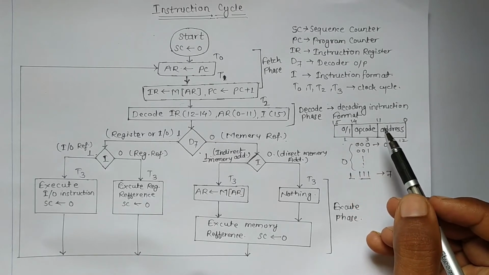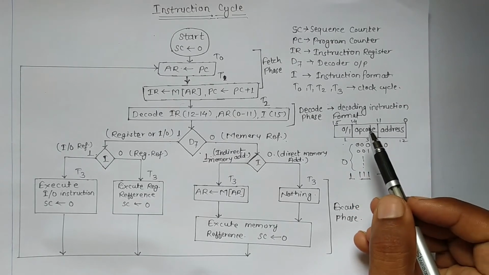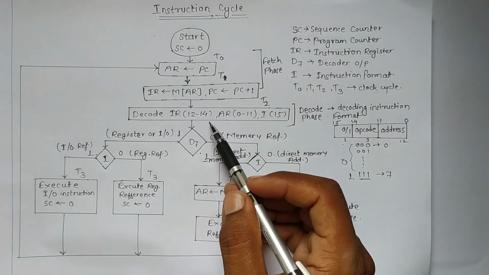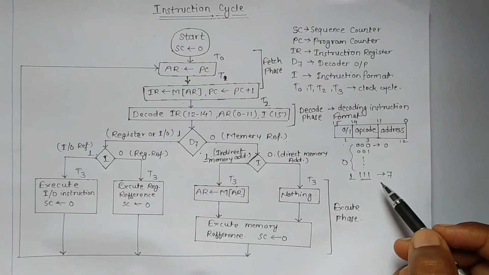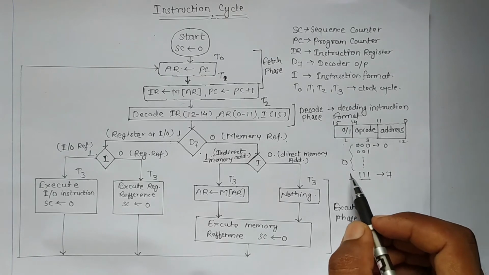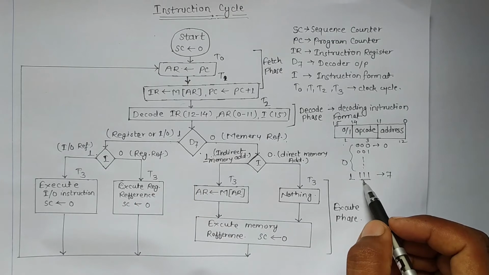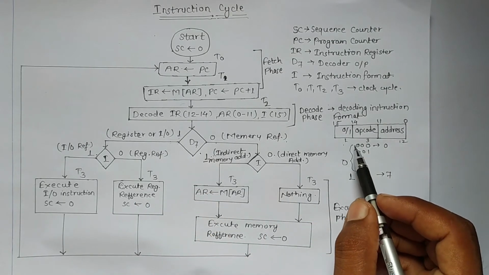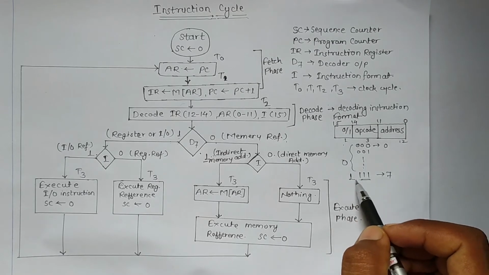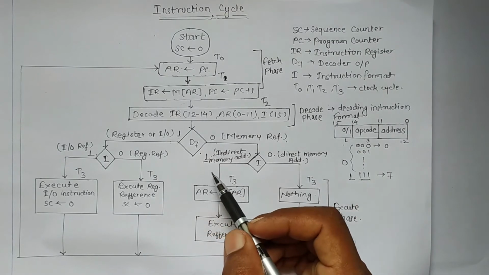The decoder decodes the opcode, bits 12 to 14, which have values 000 to 111. If the value is 111, D7 shows 1; if the value is other than 111, then it shows 0.